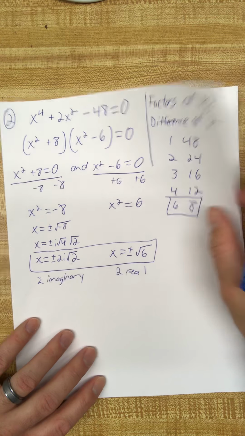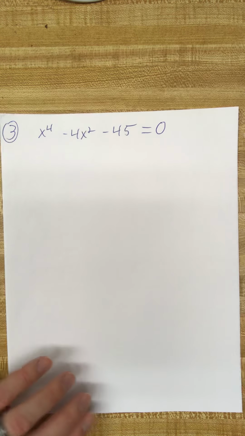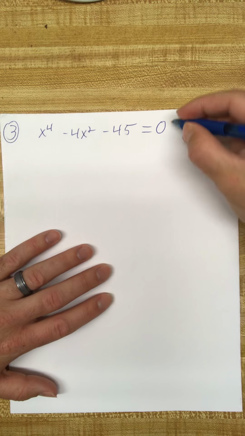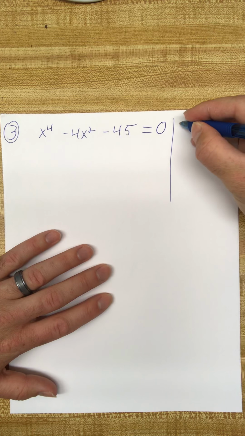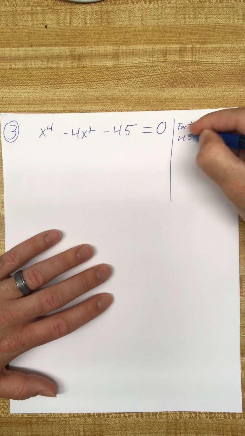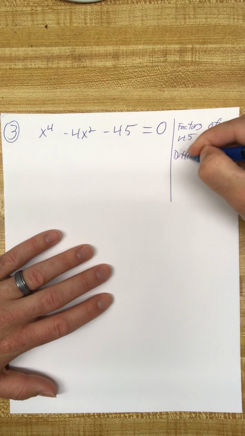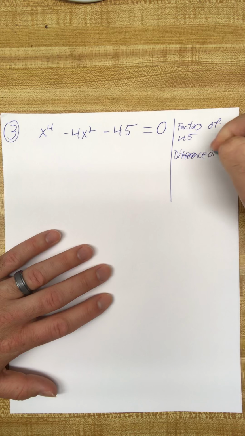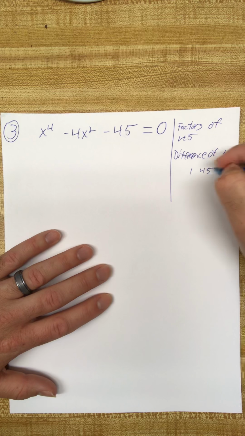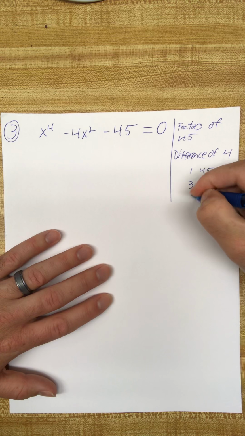All right, last up then, we have x to the fourth minus 4x squared minus 45. So again, factors of 45. Difference of 4. So you got 1 and 45, you have 3 and 15, you have 5 and 9.